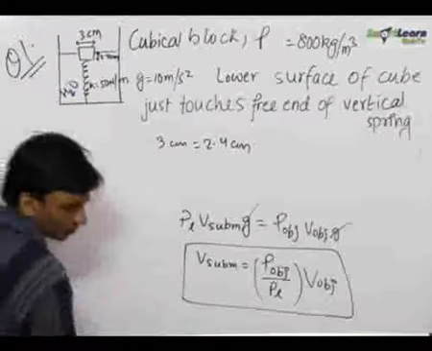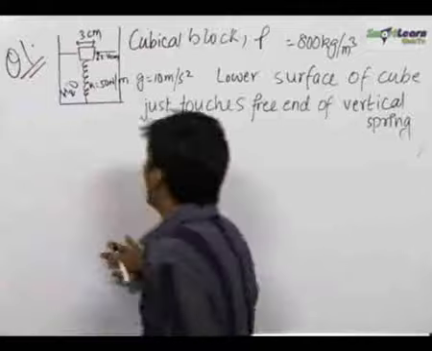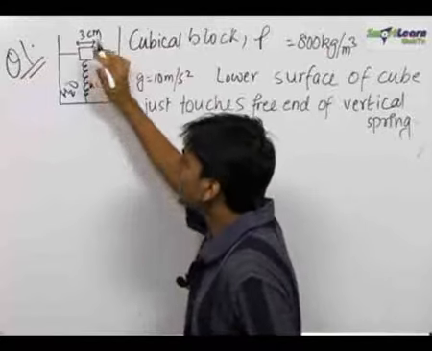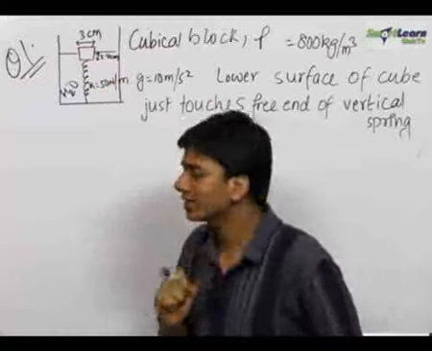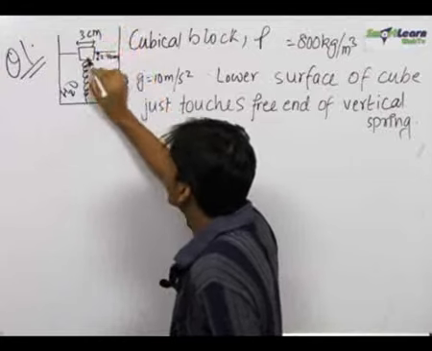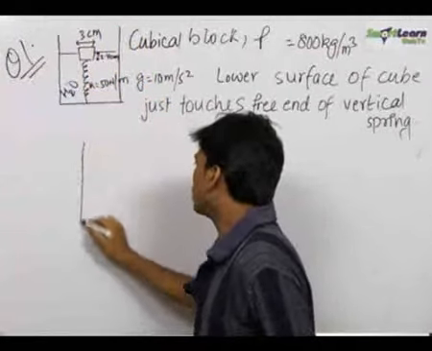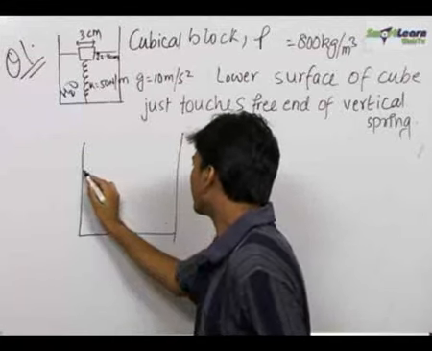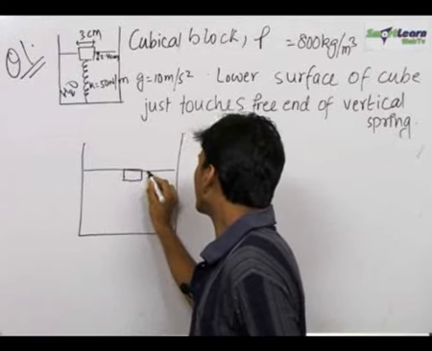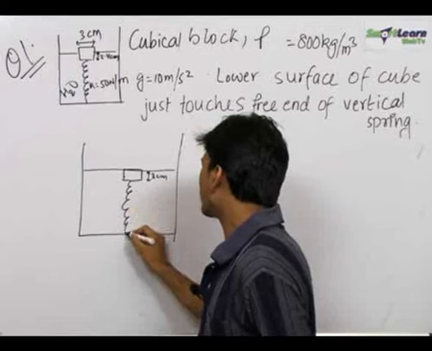Now we want that this block does not sink totally in the water, and the limiting case is when we put the maximum weight on this object, this block just sinks by 3 centimeters. So the final condition will be: the block is like this, 3 centimeters inside water, and there is some compression of the spring.